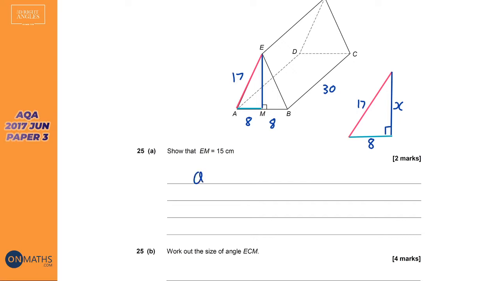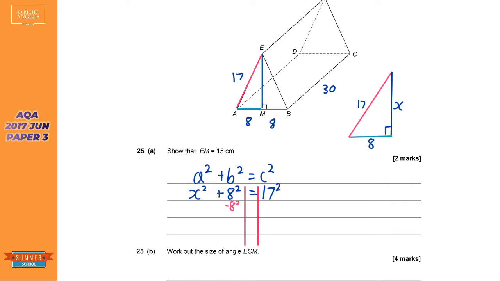So we write down a squared plus b squared equals c squared. A and b don't matter which way around they are, so we'll do, I don't know, x squared plus 8 squared, but c must be the hypotenuse. So we're just going to put our lines in, although there's not an awful lot of space, but we'll manage, maybe.